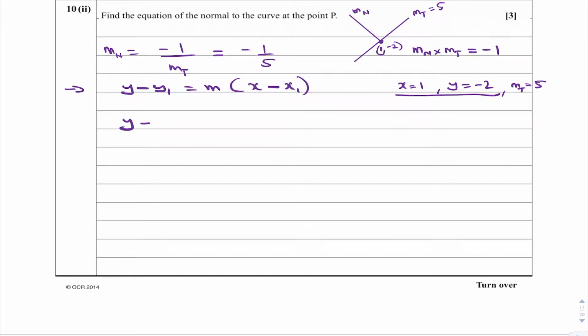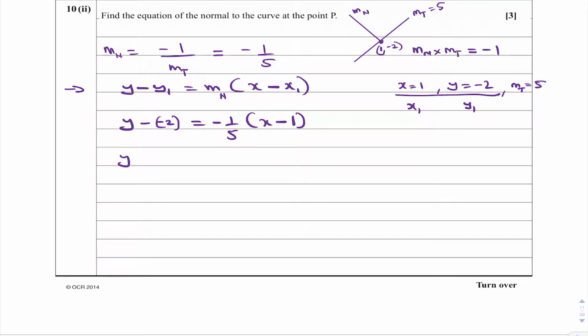So y1 is this, your y1, and that's your x1. So y1 is minus 2 equals minus 1 over 5. That's your m normal, because we're trying to find the equation of the normal, into bracket x minus x1. x1 is 1, so that's just minus 1. Close bracket.